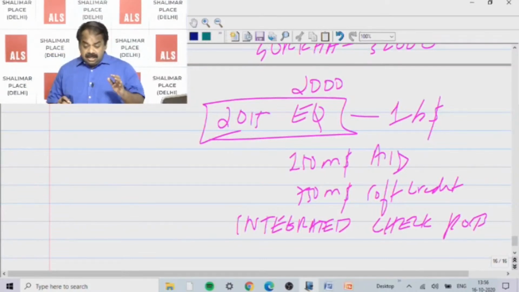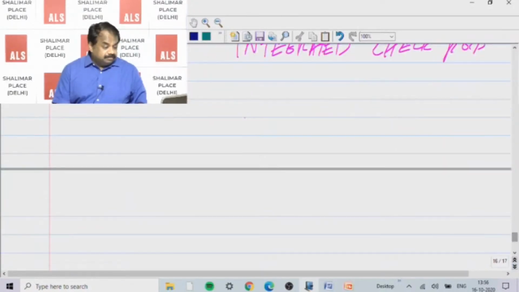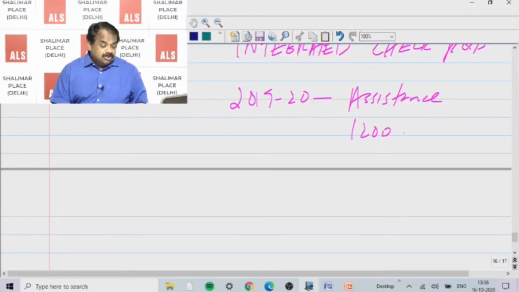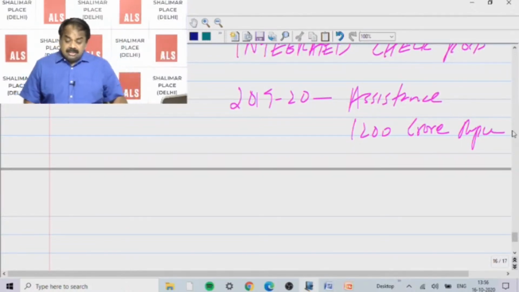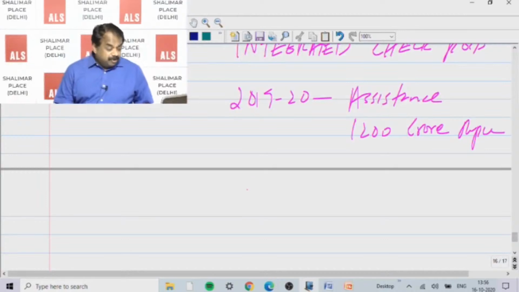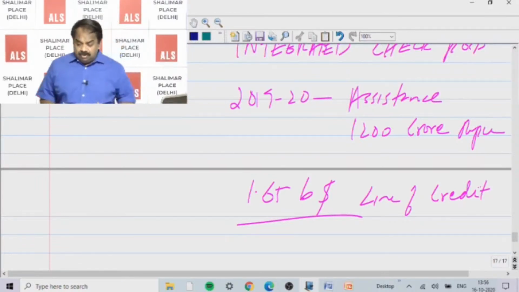In 2019-20, our total assistance to Nepal was 1,200 crore rupees, the free money. So it's not a small amount. Other than that, we are extending a line of credit of $1.65 billion. Line of credit means soft loan.